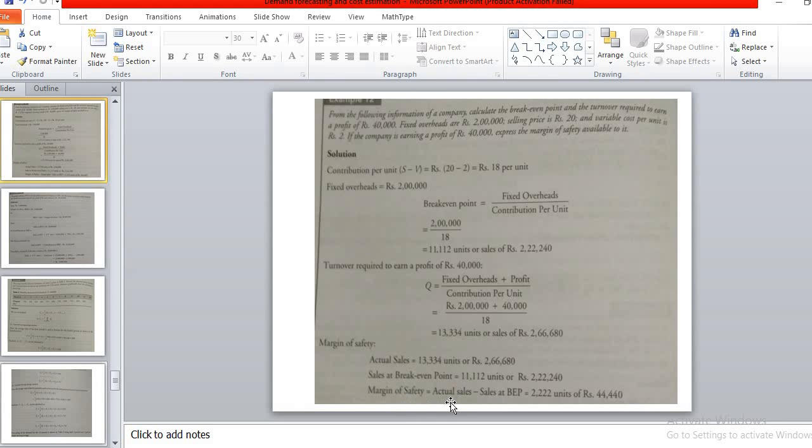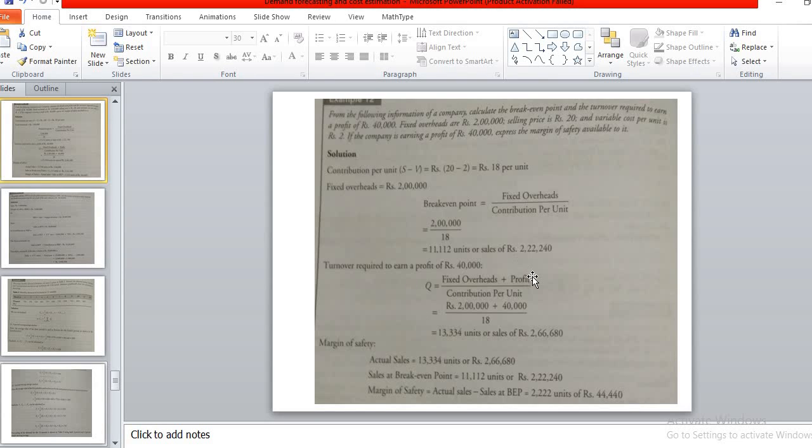So margin of safety is equal to actual sale minus sales at break-even point. The difference between these units gives the margin of safety in terms of quantity or product, and the difference between these two values gives the margin of safety in terms of rupees.